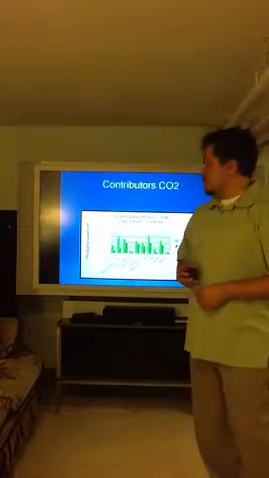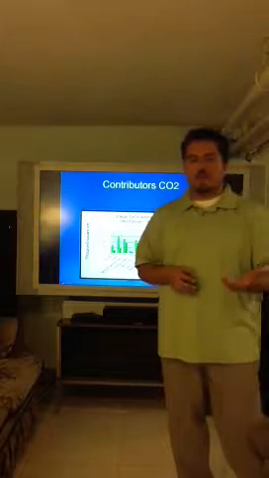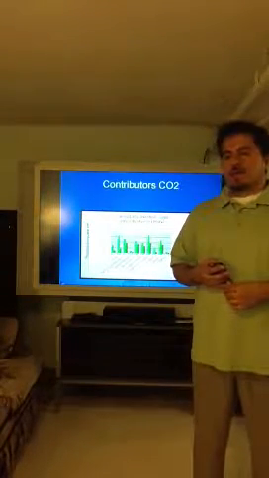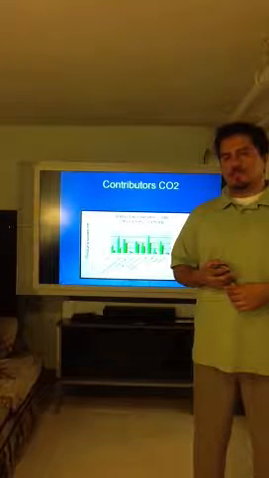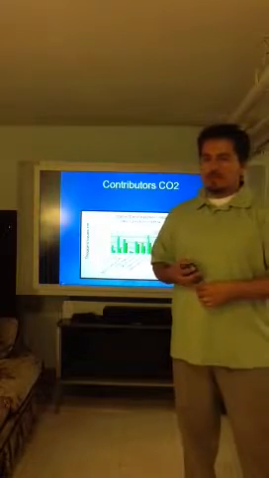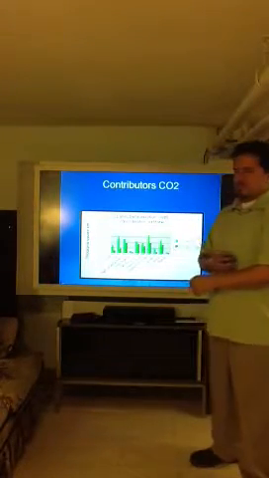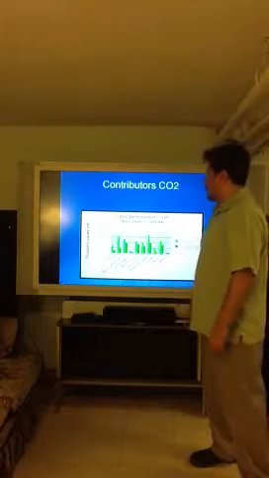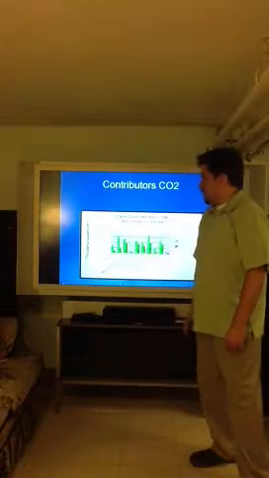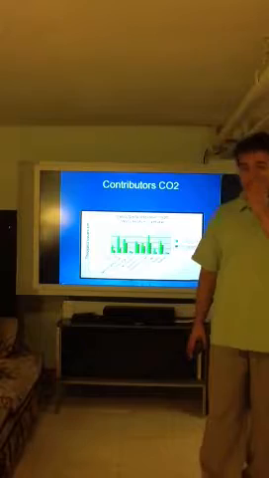Another contributor to CO2 is deforestation. You may ask yourself, why deforestation? Cutting down trees. What happens is that trees feed on CO2 and convert it into oxygen. Now, as you can see from this chart from the World Watch Institute, even though it was from 1998, originally Asia had about 15,000 square kilometers of forests.